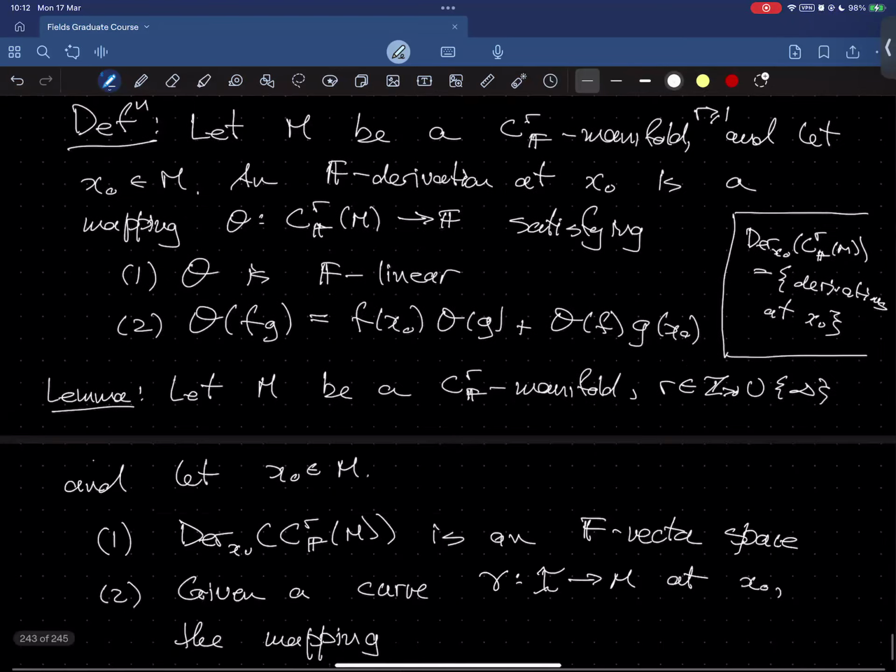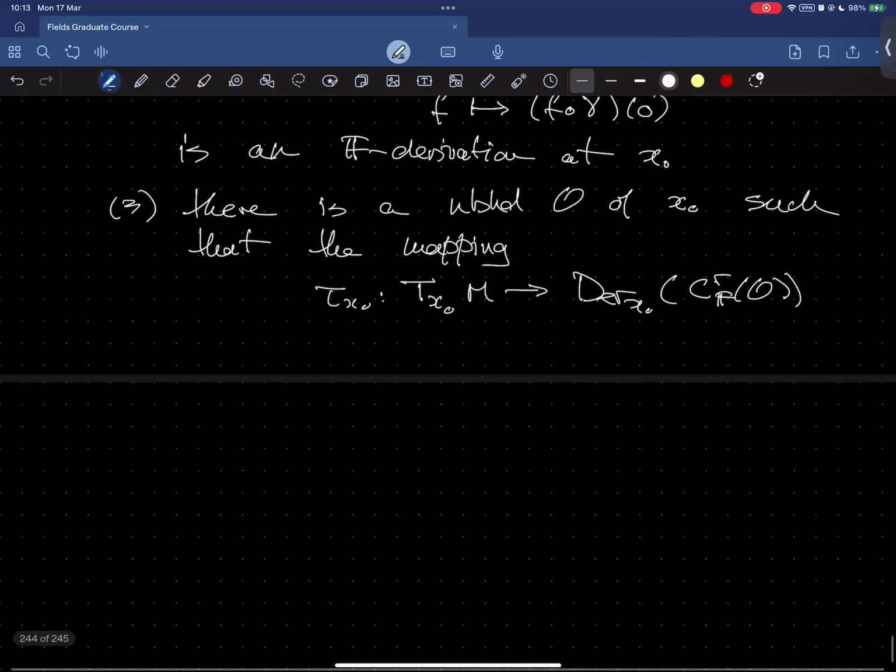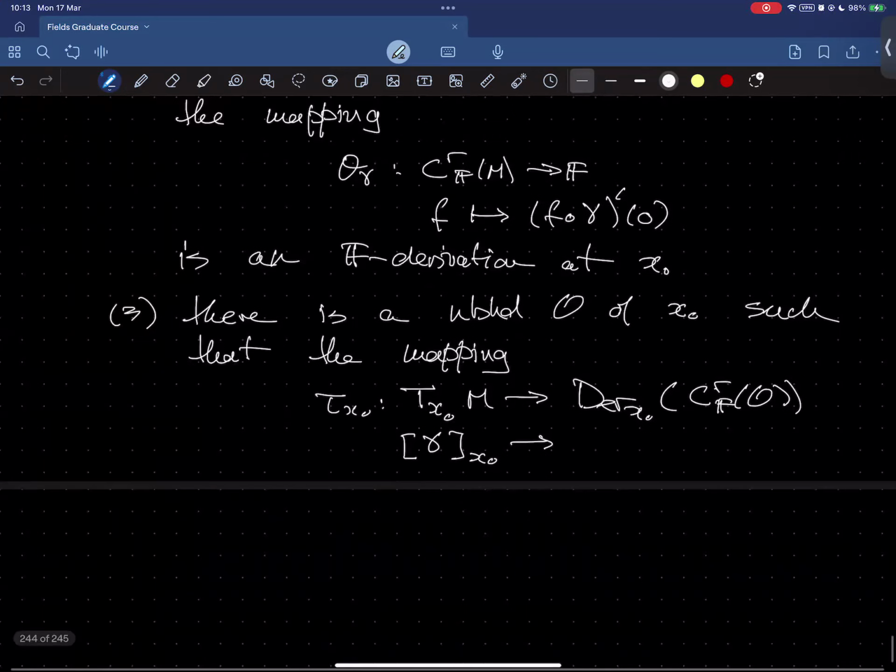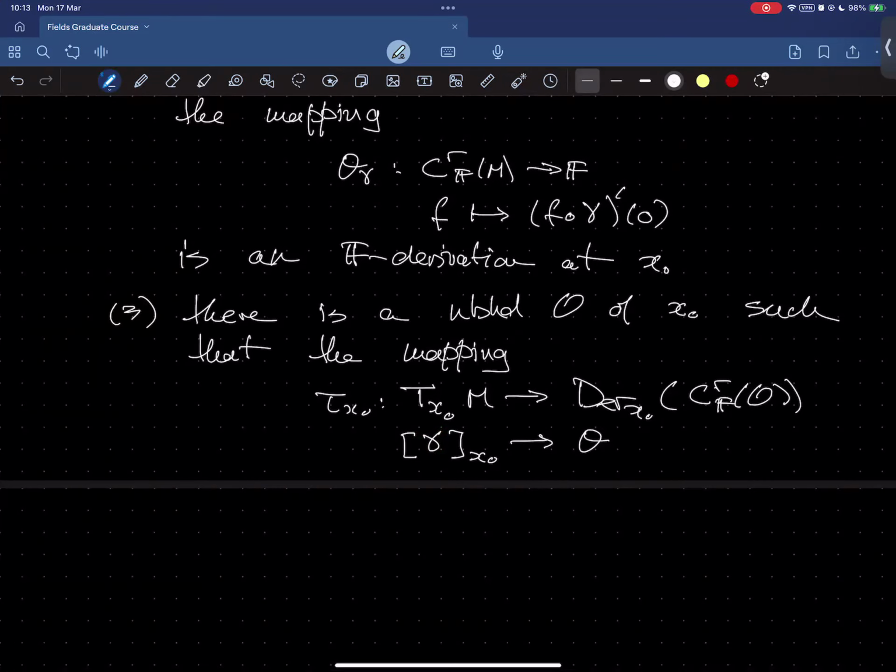Okay, so what is this mapping? This mapping takes a tangent vector, which by construction is an equivalence class of curves, and maps it to the derivation associated with any curve gamma from the equivalence class. So the mapping to theta gamma has the following properties.